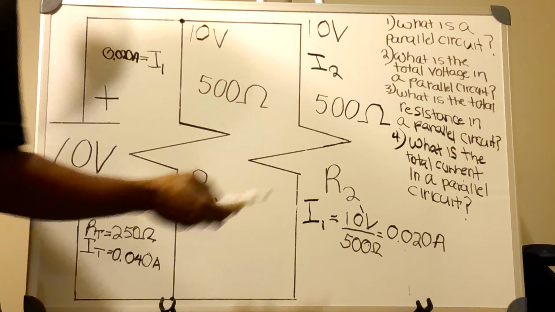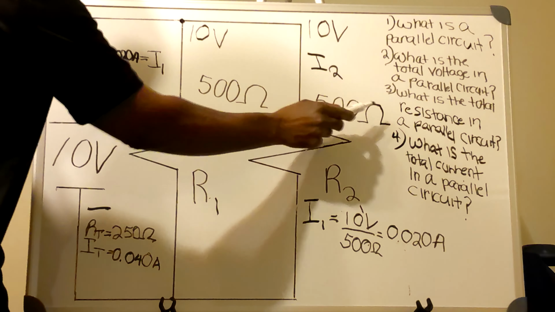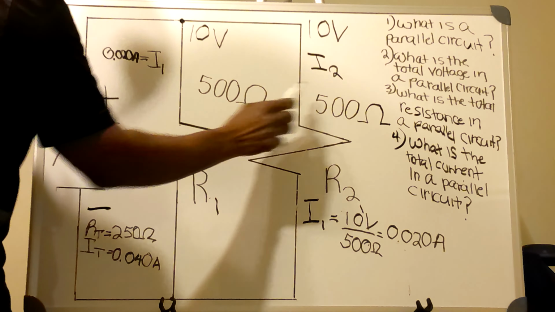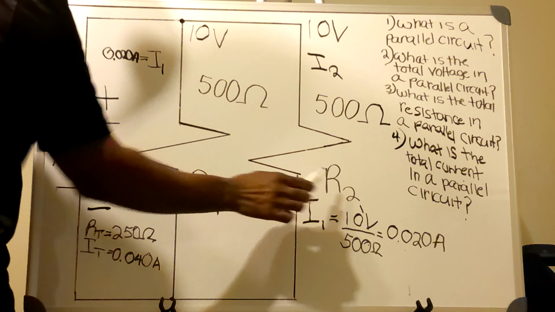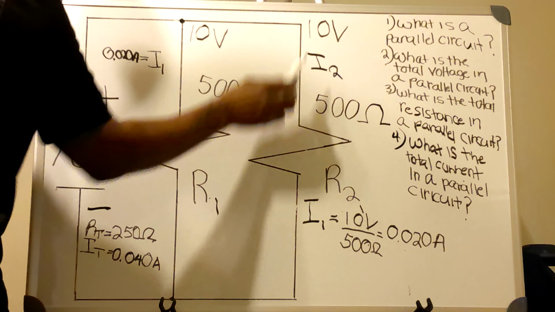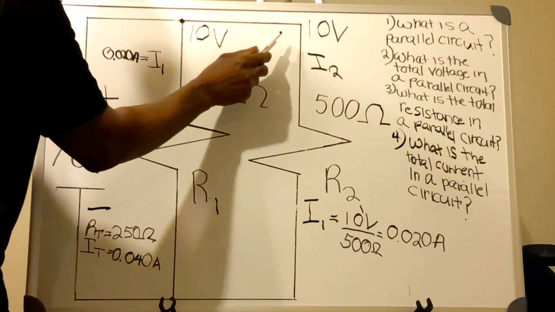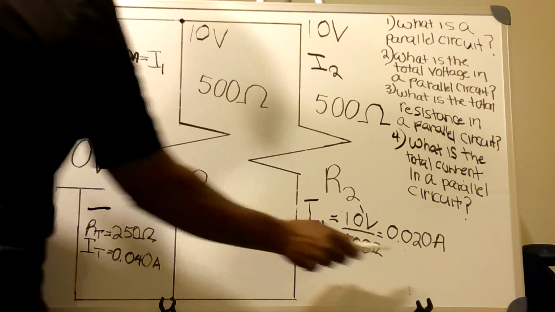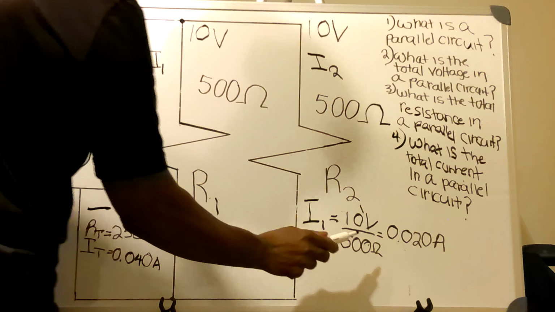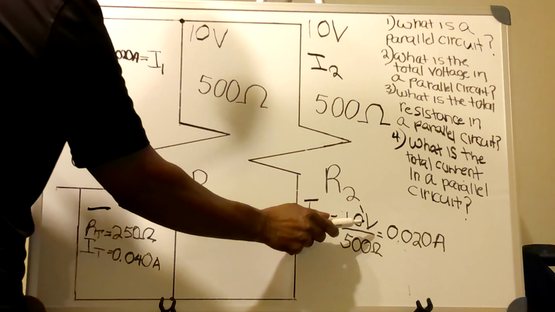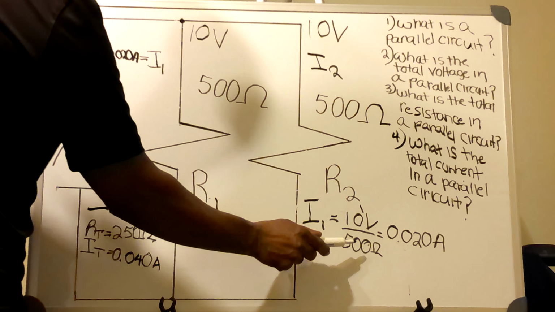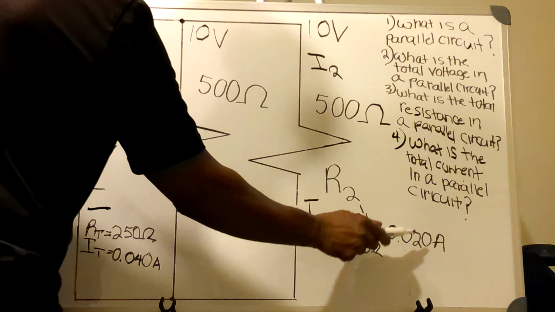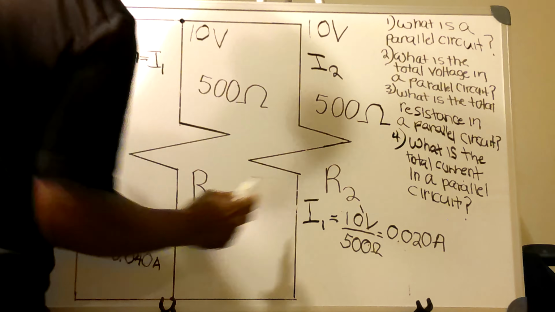Again, you have a 500 ohm resistor across the R2 resistor, and you have 10 volts across 500 ohms. So the same Ohm's law applies. 10 volts divided by 500 ohms equals 0.020 amps.